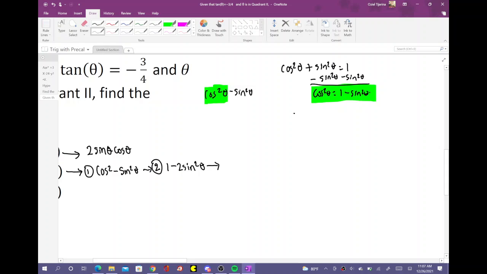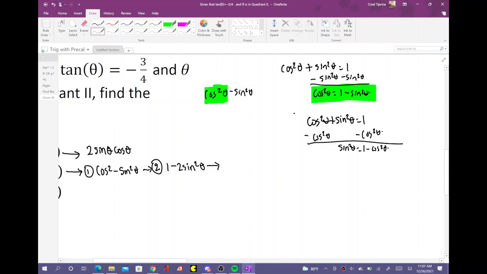If we write cosine squared theta plus sine squared theta equals 1, we can subtract cosine squared theta to solve for sine squared theta, so sine squared theta equals 1 minus cosine squared theta.